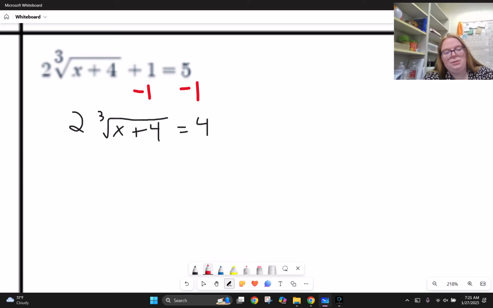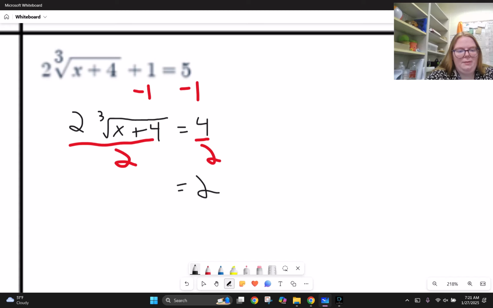Next, you will divide both sides by 2. This 2 is still outside of that radical, so it needs to go before I can cube it. So divide by 2, which of course cancels those out, and 4 divided by 2 is 2. So we have the cube root of x plus 4.